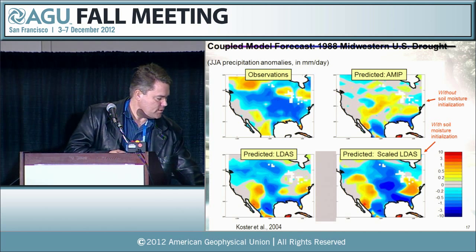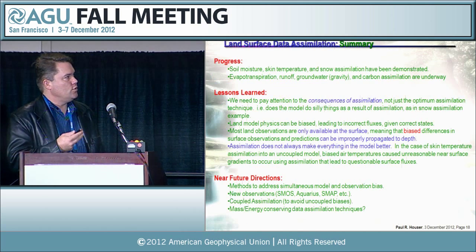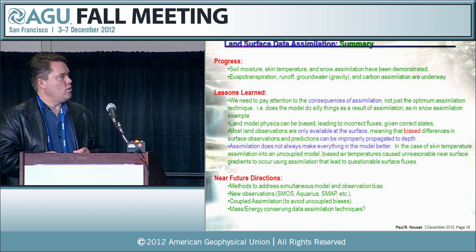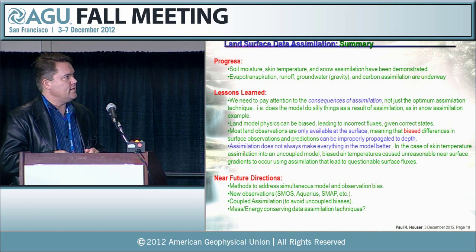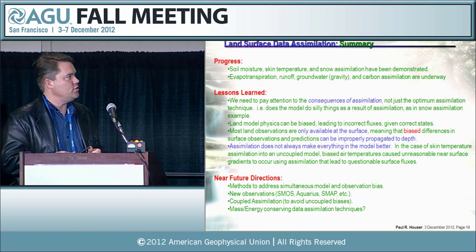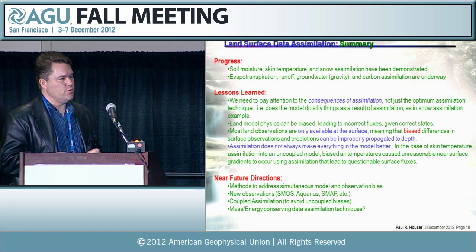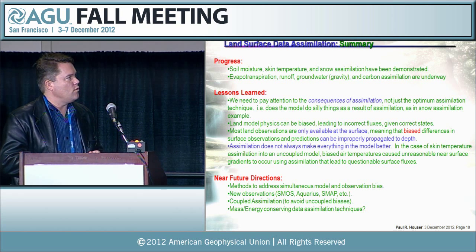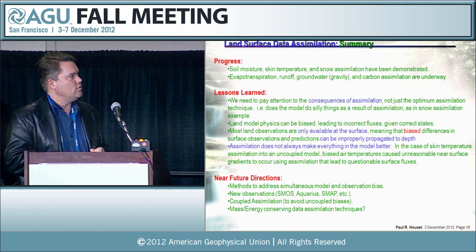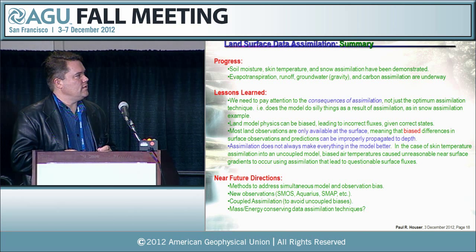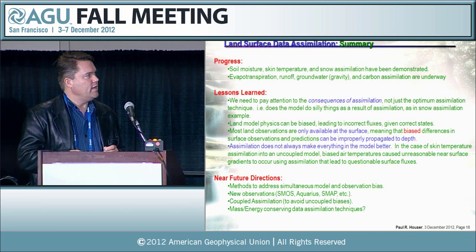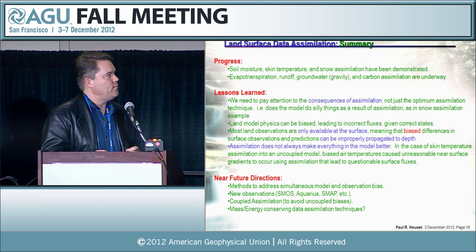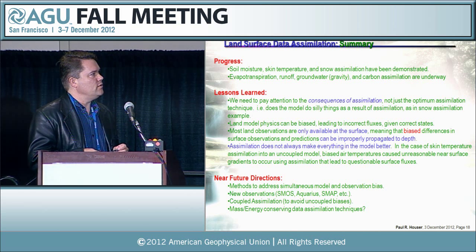So that's very encouraging. In summary, there's been a lot of progress in land data assimilation. I talked about snow assimilation, but also skin temperature, soil moisture, runoff, and groundwater assimilation. There's continued work on looking at things like evaporation and carbon assimilation.